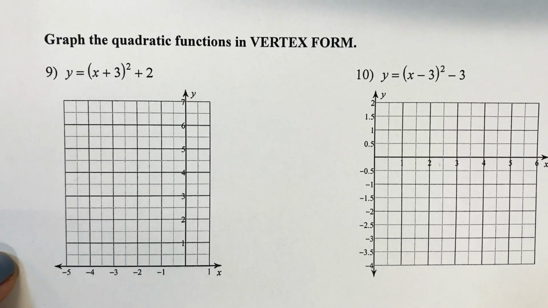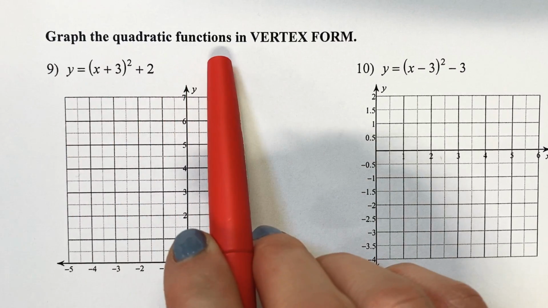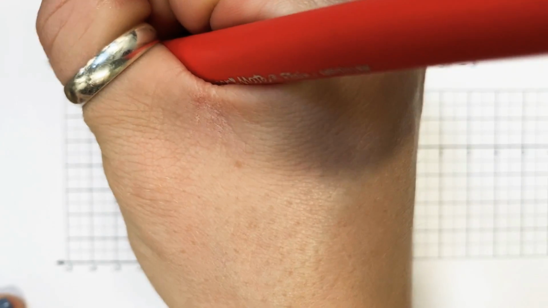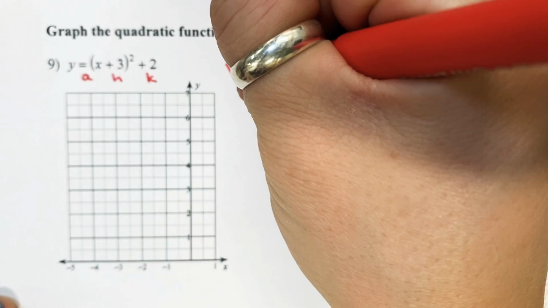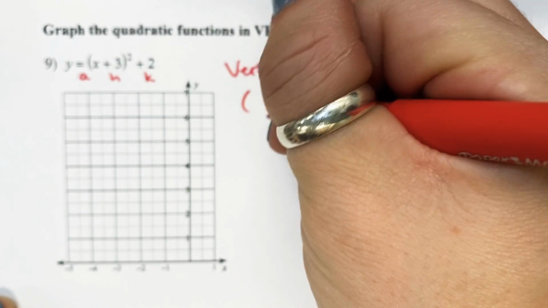Now, all we're going to do, watch how easy this is going to be. We're asked to graph the quadratic functions in vertex form. Well, identify A, H, and K. So first, let's identify our vertex because that's the first thing we have to put on our graph.